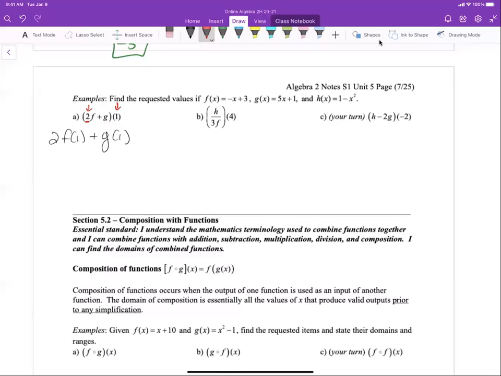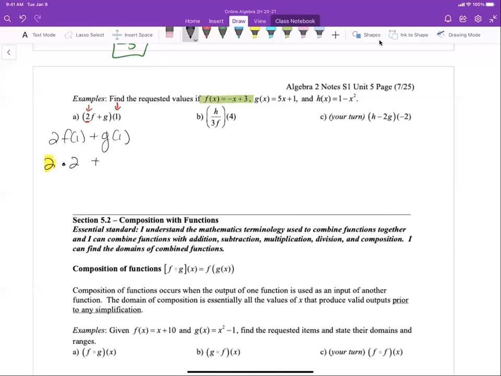So we take that 2, we're going to bring it down. Oops, there's my 2. And I need to multiply it times f of 1. So let's find the value of f of 1. So f is defined as this. So I'm going to plug in 1 for x. So I get -1 plus 3, and that will give me a positive 2.